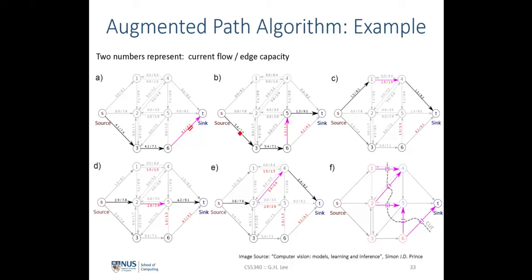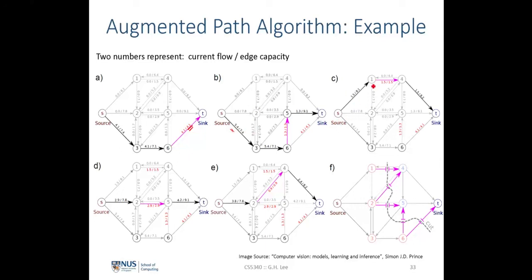And here we will continue to send 1.3 flow across this particular path, and now this flow over here would have reached 5.4. So the residual over here would be 2. This means that we can only send a flow of 2 over here, and we need to take this into account when we consider the next augmenting path.